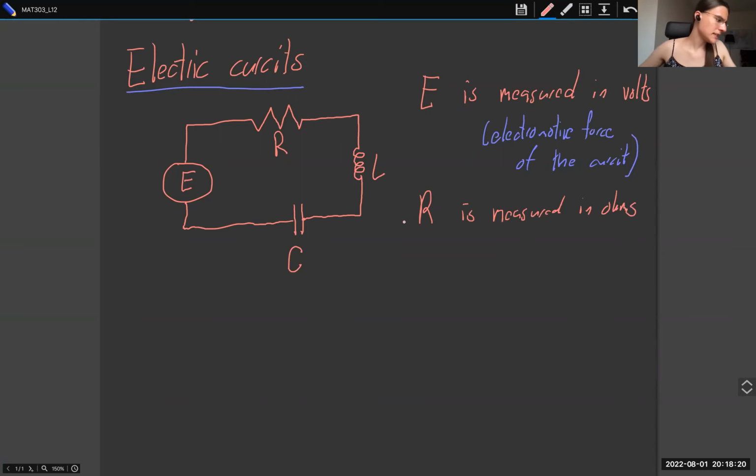L is measured in henries. And C is measured in farads.